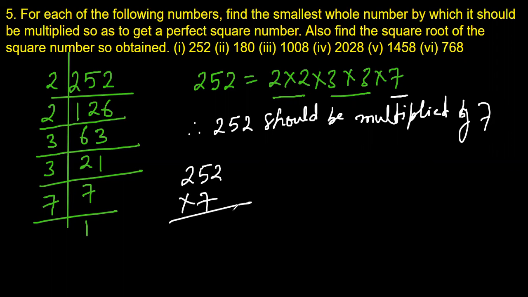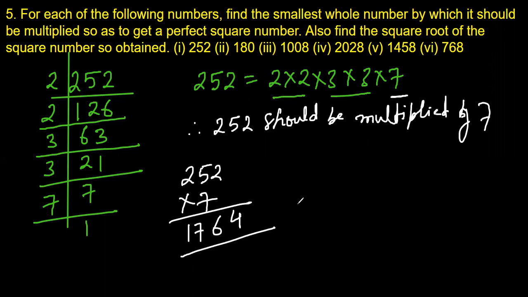What do you get? 7 twos are 14, 7 fives are 35, and 1, 36. 7 twos are 14, and 14 and 3 is 17. 1764.